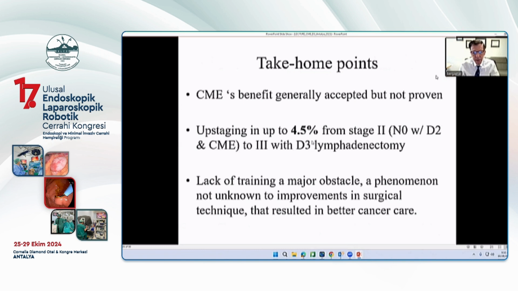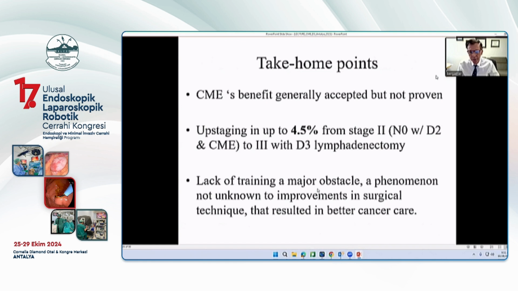And that would be in favor of doing D3 lymphadenectomy. The question is whether you are referring to D3 lymphadenectomy meaning the anterior layer of fat tissue and lymph nodes in front of the superior mesenteric vein and artery, or you're referring to the posterior wall, because the latter would be a problem for surgical technique and lack of training in general surgery or colorectal surgery, and might require a vascular surgeon.